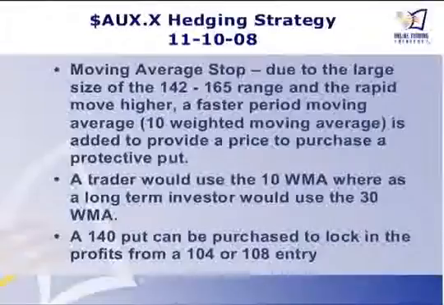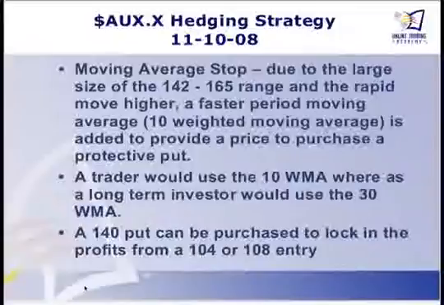We were talking about at that time that our 30-weighted moving average was lagging behind so far that we would use a faster 10-period moving average to decide where to place protection. At that point, we said the best thing to do would probably be to buy a 140 put to lock in the profits from your original entry if you still had your position.